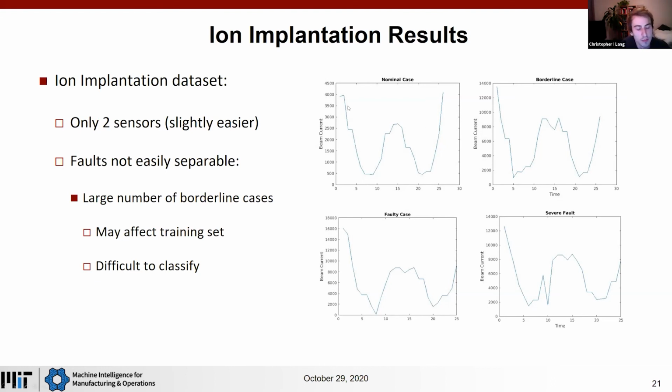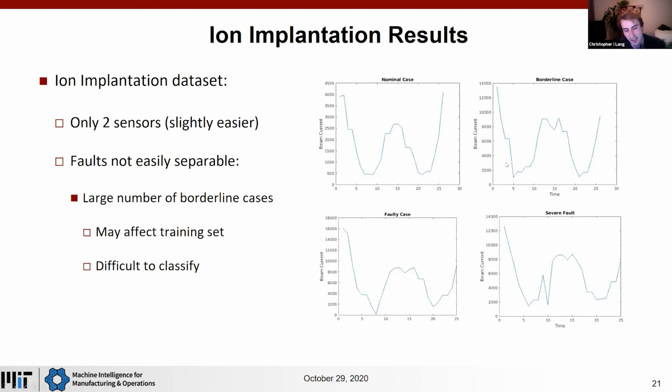So the beam current is really the most important sensor. This is an example of what it looks like nominally. This is an example of the fault, in particular this point here, where the beam current drops to 0 in this valley. Except there were also a lot of borderline cases where it didn't fully touch 0, but it came close.